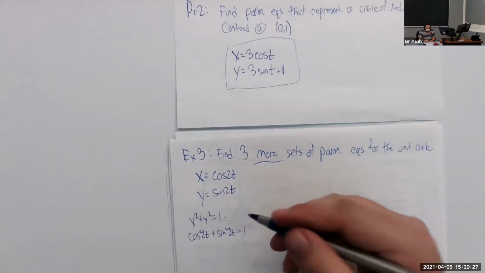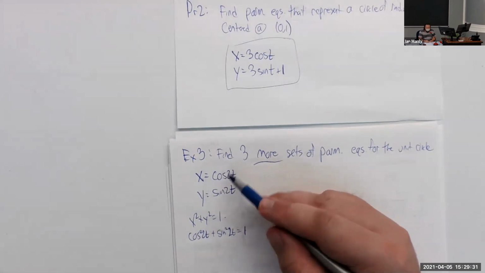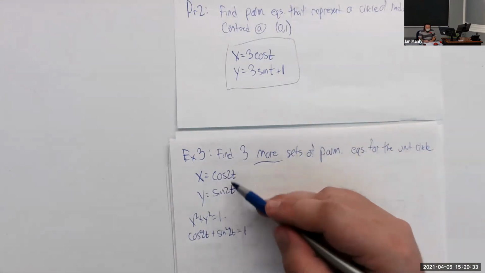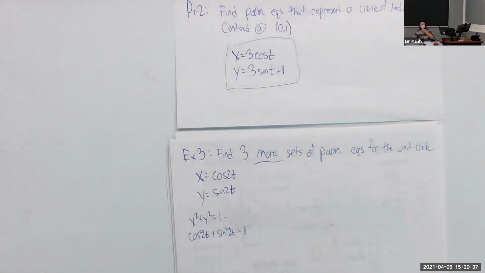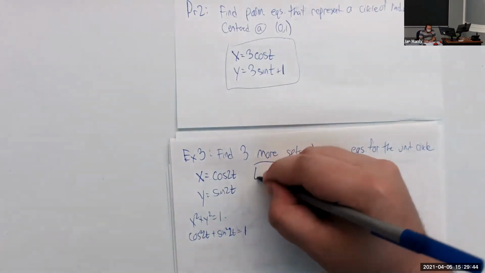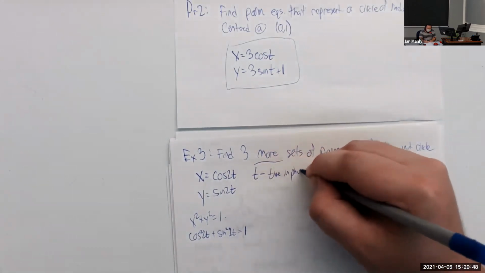All right. So let's see here. What is the difference between using this and using the regular parametric equations we had earlier? Well, I'm going to explain to you now why we use t as a variable for parametric equations. T represents time in physics.